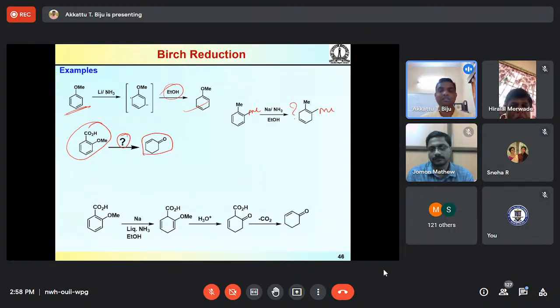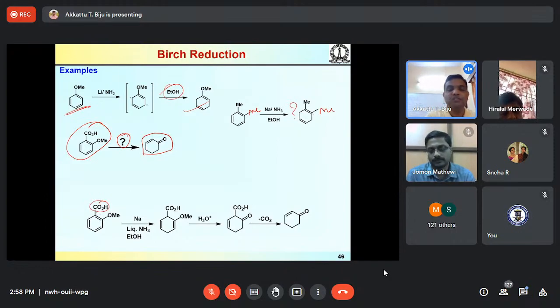We know that if we have a benzene ring with an electron releasing group, the double bond will be in conjugation. And if you have an electron withdrawing group, the double bond will be in the vertical position.